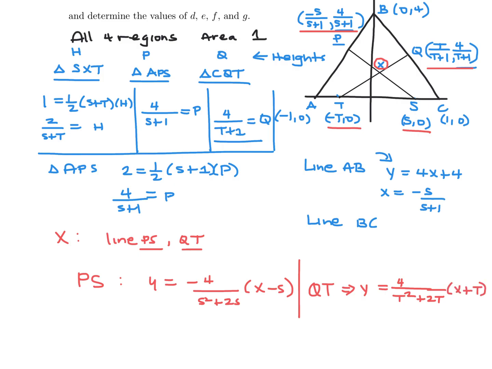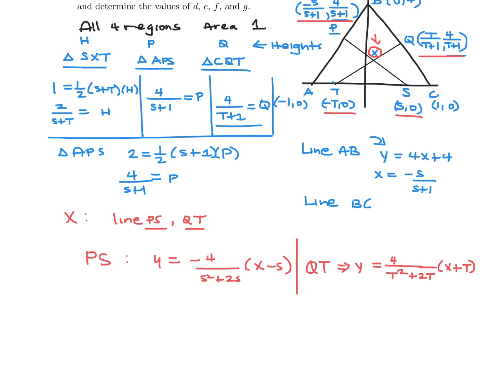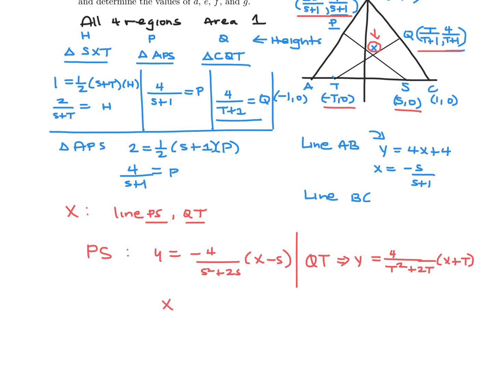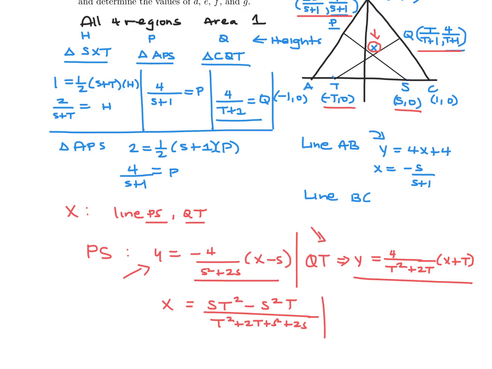When we set them equal to each other, that's where we get the intersection point, which is X. Solving, we get x equal to st squared minus s squared t all over t squared plus 2t plus s squared plus 2s. Then sub back into either one to get y, and y is equal to 4 times s plus t all over t squared plus 2t plus s squared plus 2s.